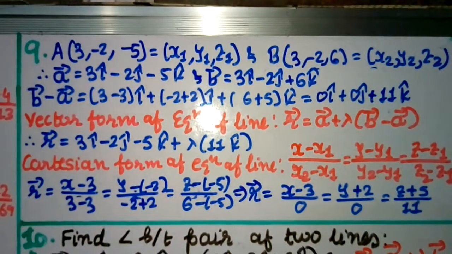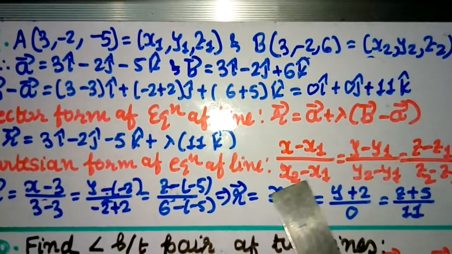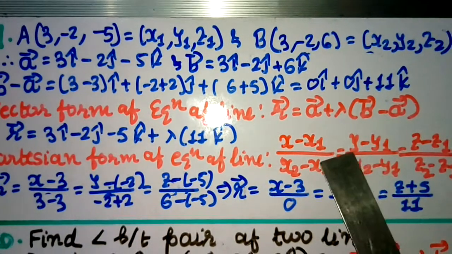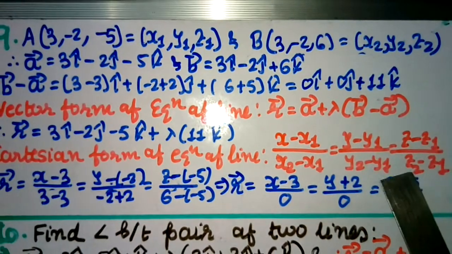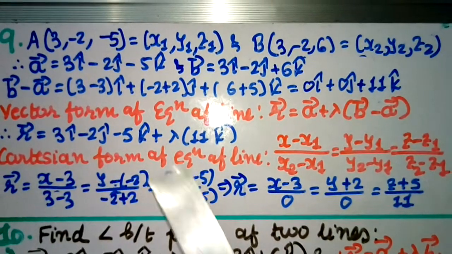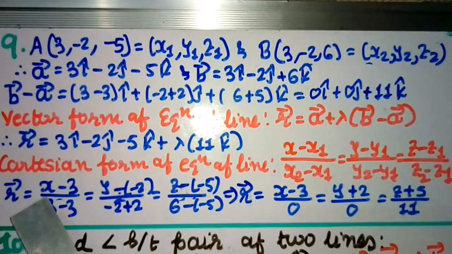Now we have to write it in Cartesian form. The equation by formula is (x minus x1) divided by (x2 minus x1) equals (y minus y1) divided by (y2 minus y1) equals (z minus z1) divided by (z2 minus z1). We have all the values, let us place them.